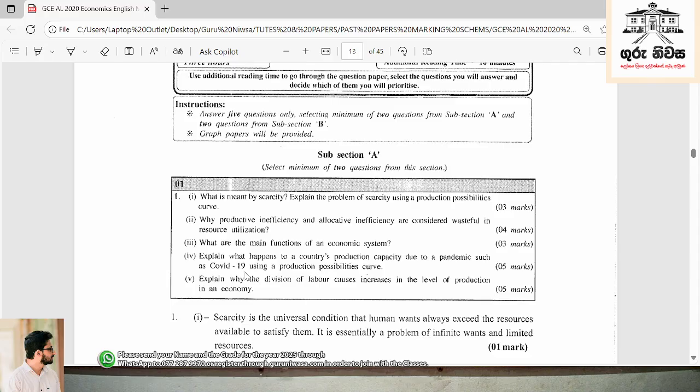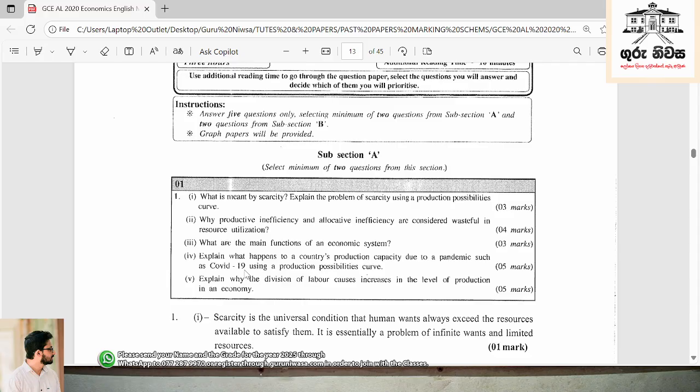I'll give you 5 minutes to make your own answer. It doesn't matter whether it's correct or wrong, you can make your own answer, or you can just structure the answer. 5 marks given, so this should be the structure. These are the points that need to be included.